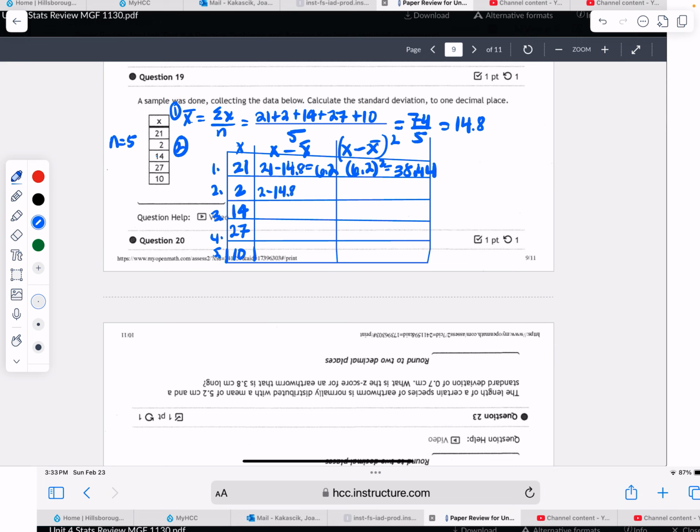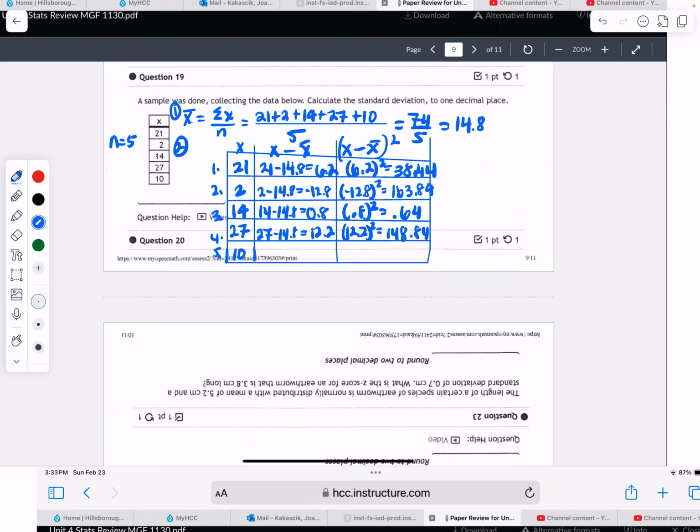Okay, let's do the second one, 2. 2 minus 14.8 equals negative 12.8. So I'm going to take negative 12.8 and square it, and I get 163.84. 14 minus 14.8 is negative 0.8, so 0.8 squared equals 0.64. 27 less 14.8 equals 12.2, and 12.2 squared gives me 148.84.